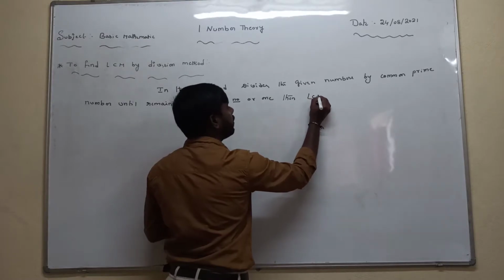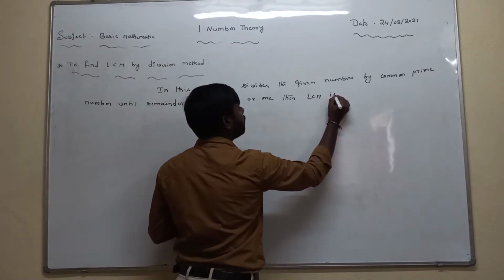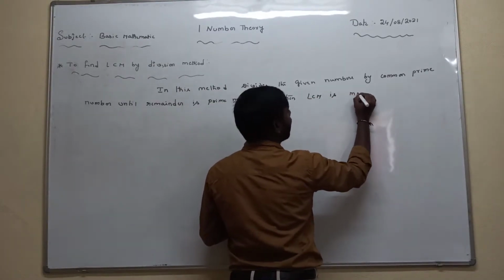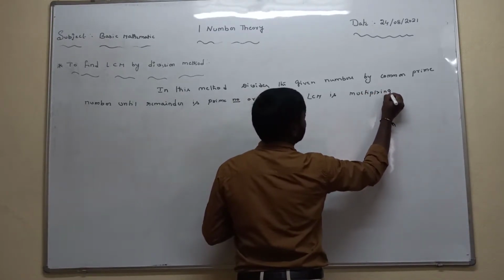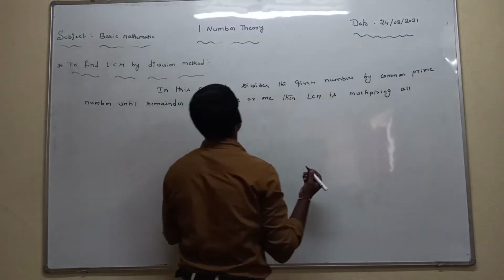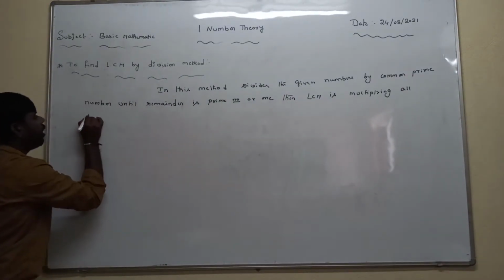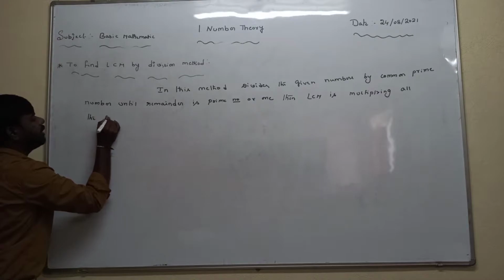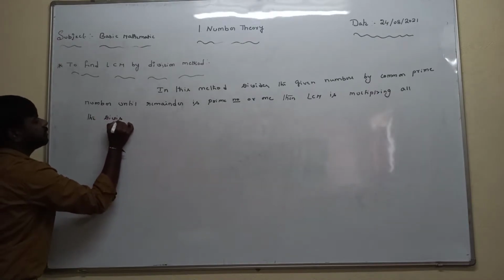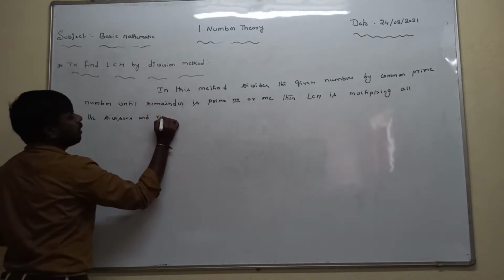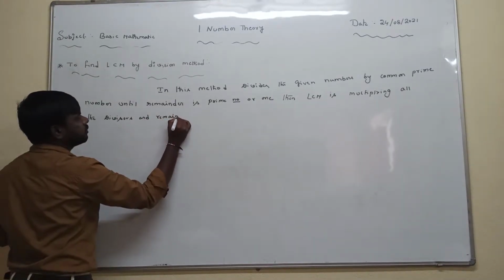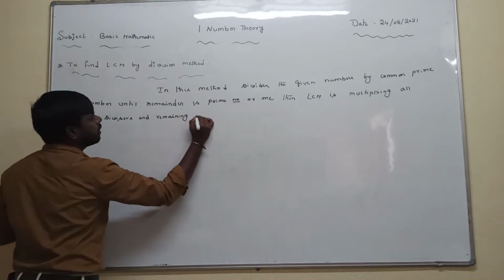Then LCM is multiplying all the divisors and the remaining remainders.